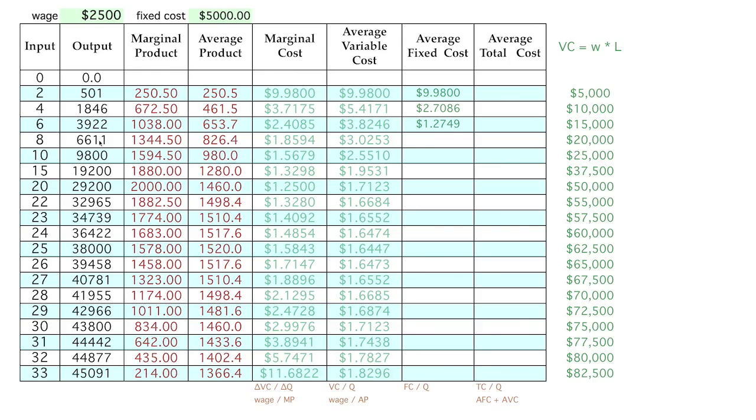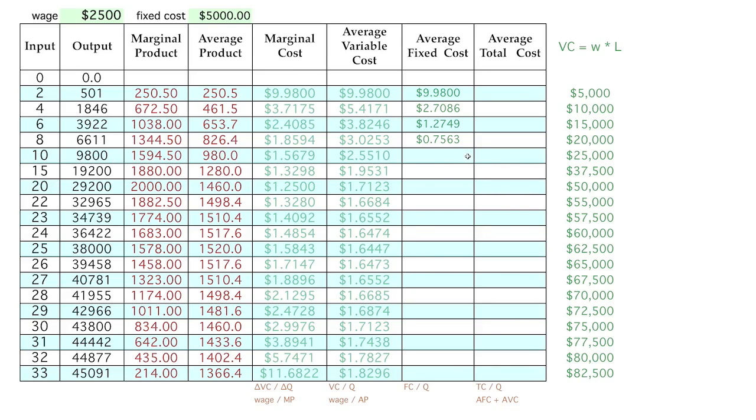When you're making 6,611 units of output, your average fixed cost is then going to be 5,000 divided by 6,611. And that's going to give you 0.7563.